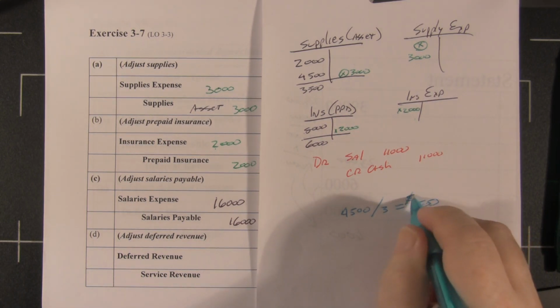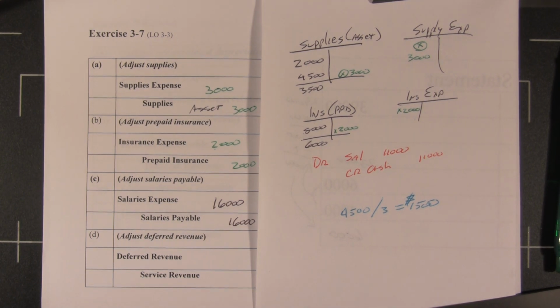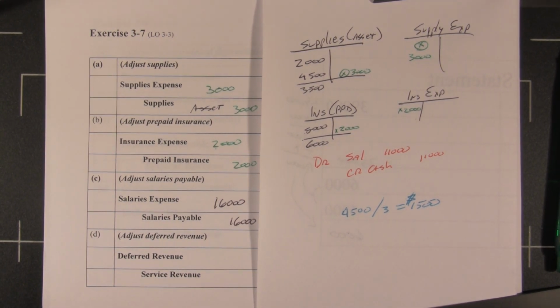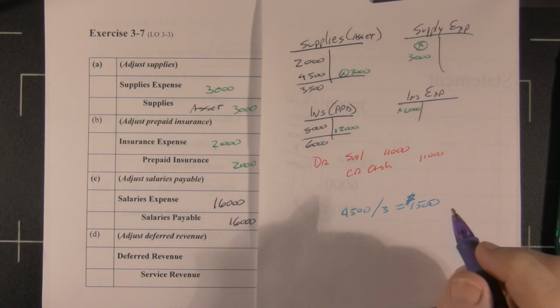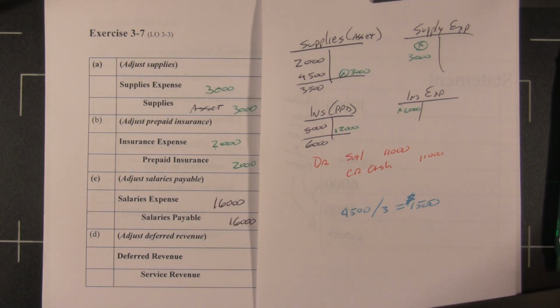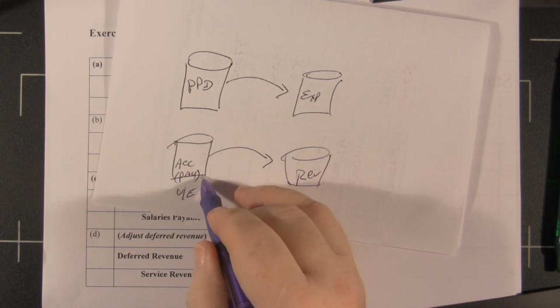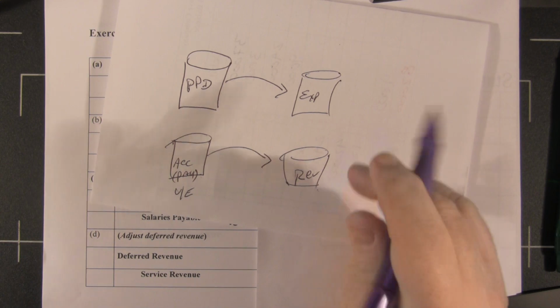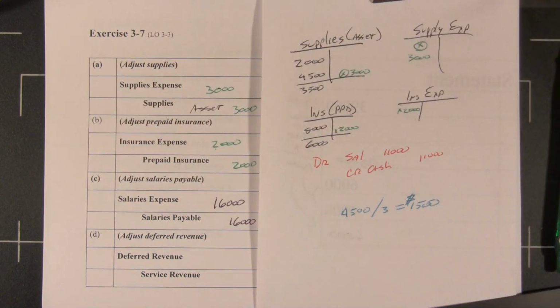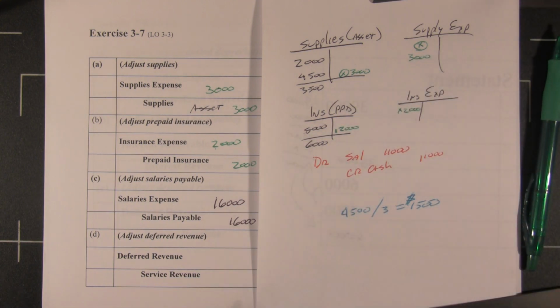So the rent for that building was $1,500 per month. Okay? So the buckets here are the ones we talked about down here. We have the unearned and the revenue. And it's just a simple 1 month journal entry.